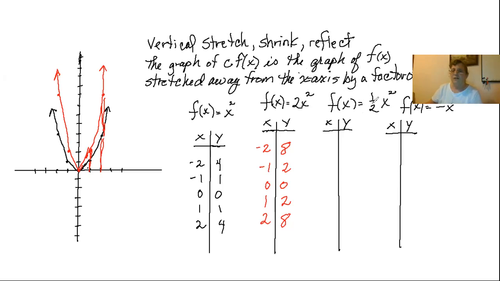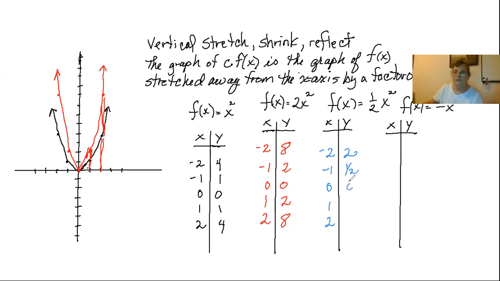On the third graph, where I'm talking about f of x is 1/2 x squared, it's going to be all of these x squareds cut in half. So let's try a different color. -2, -1, 0, 1, 2. I square it first, that makes it 4. Half of that is 2. -1 squared is 1, half of that is 1/2.